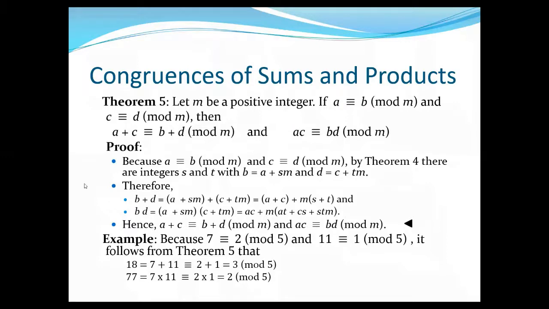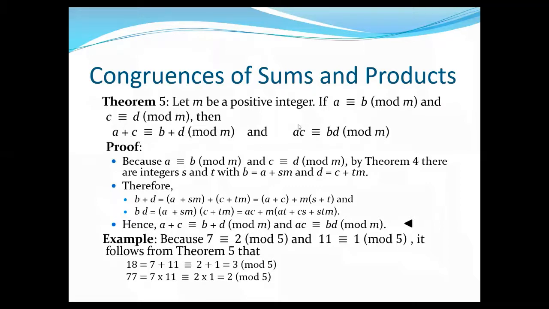Basically these two equations are divisible by m. So if we have this scenario, we could add a and c, b and d, and m is still a factor. The result of this sum will be divisible by m. Addition, sum, or product.